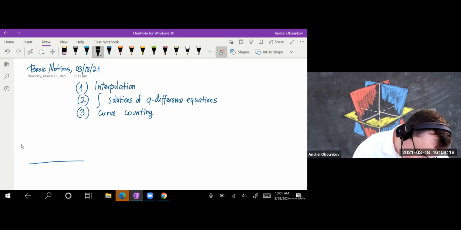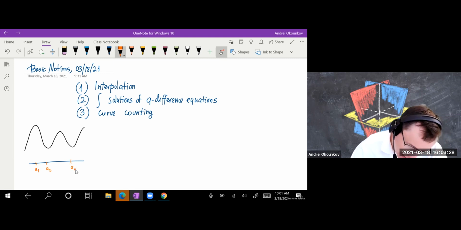If we have some set of points A1, A2 through AN, we would like to fit a polynomial of the smallest possible degree to given values f of A1 through f of AN, like a polynomial f of x.